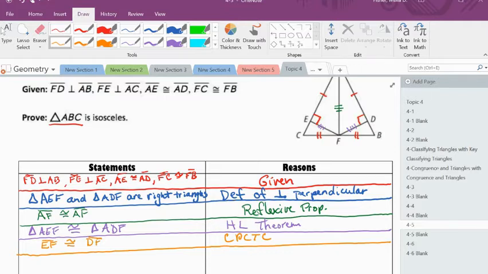We also can determine that triangle FEC and triangle FDB are right triangles.